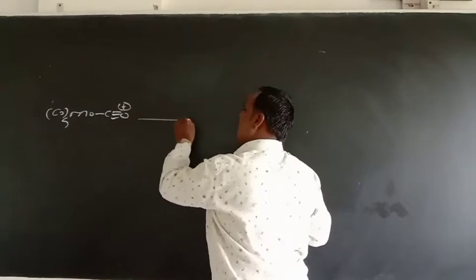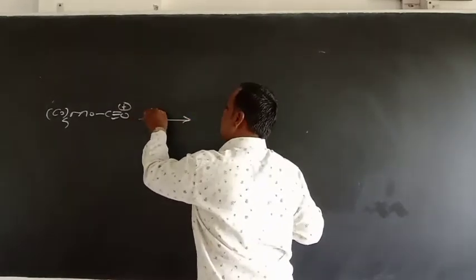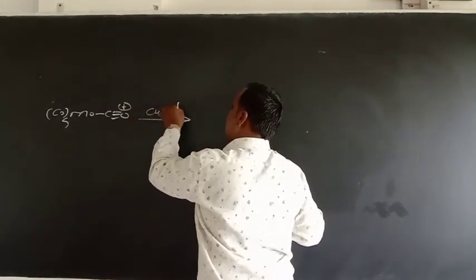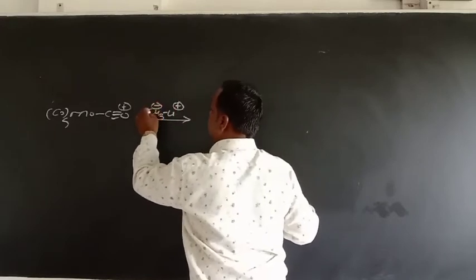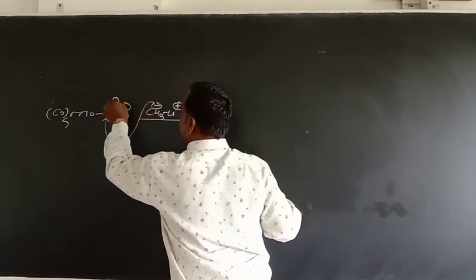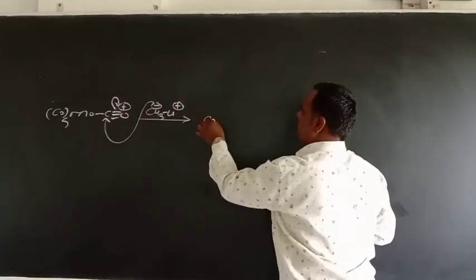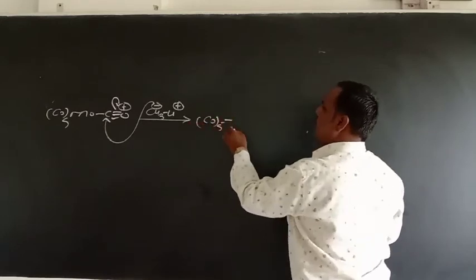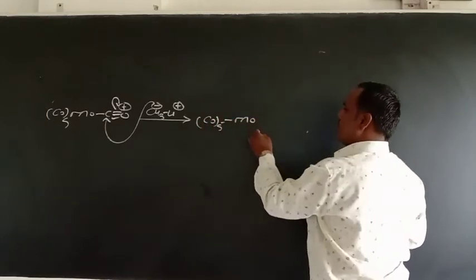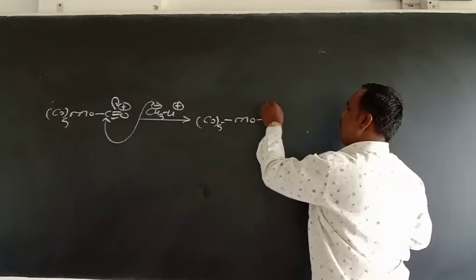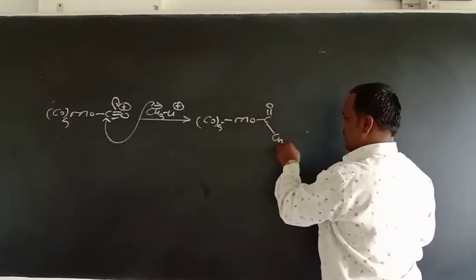If you consider another nucleophile, that is CH3Li, methyl lithium, again this nucleophile will attack and we get this complex (CO)5Mo, here C double bond O, and here CH3.